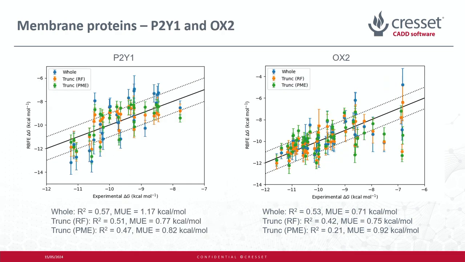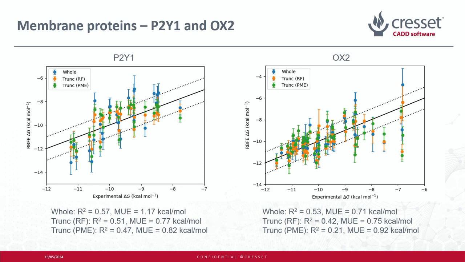And again, I looked at a couple of other systems as well. So first of all, P2Y1 and OX2. Again, these are a little bit messier than some of the other systems I've looked at. P2Y1 is an interesting case because we're looking at a lipid-exposed binding site.